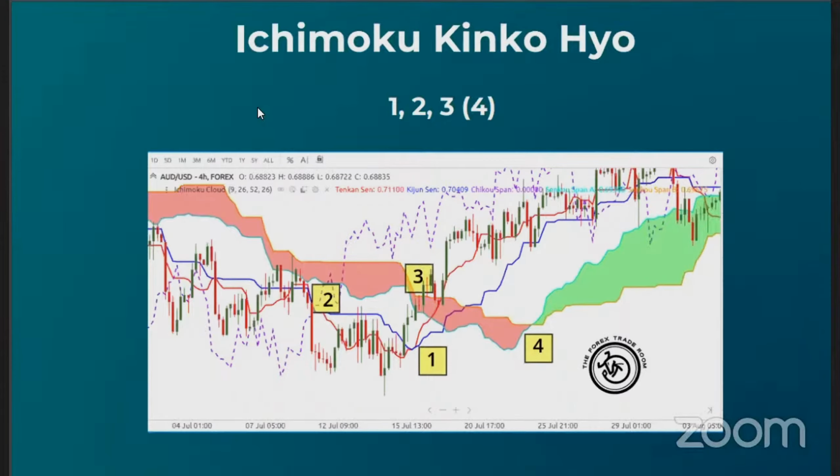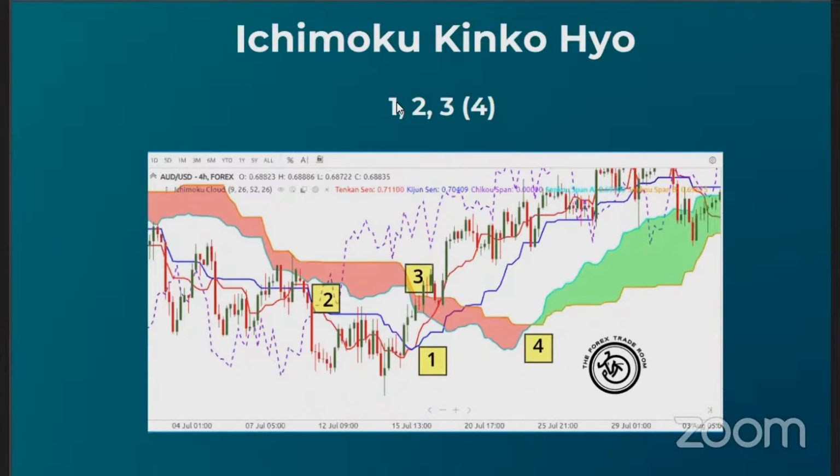I think I need more reference points. On my notes, I have the TK crossover, Chikou span crosses price. However, I think what I need is to add the color next to when it happens, so I can have a better visual.